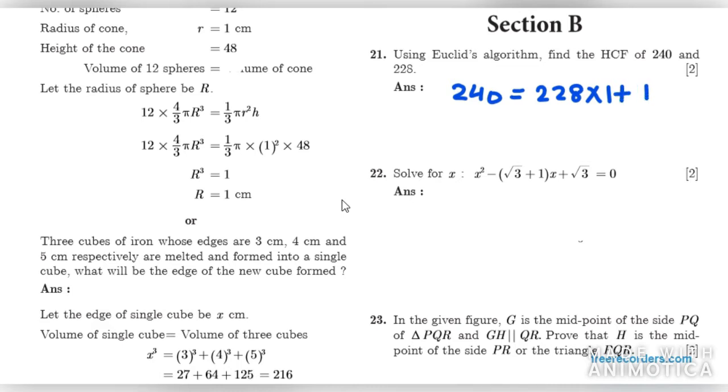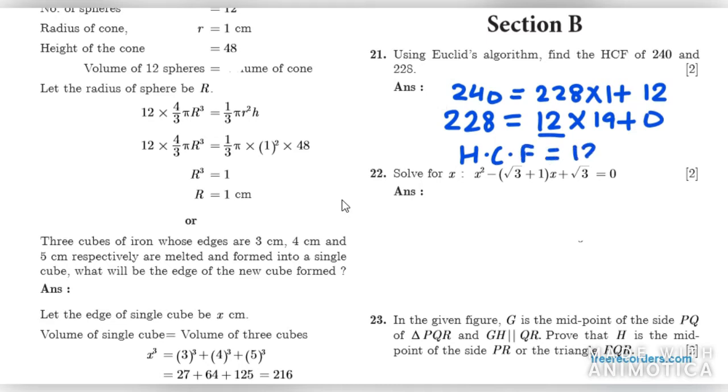So 12 is the remainder. Now my 228 becomes A and my B becomes 12. Now 12 into 19 is 228, which gives us remainder as 0. Now HCF is B. So HCF of 240 and 228 is 12.